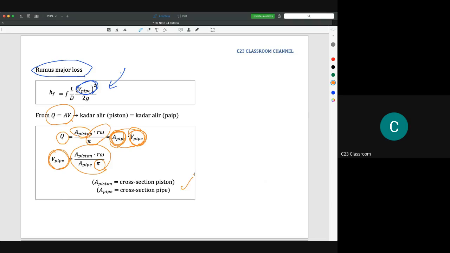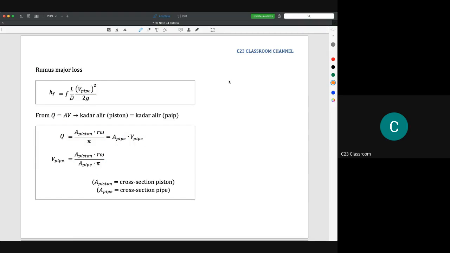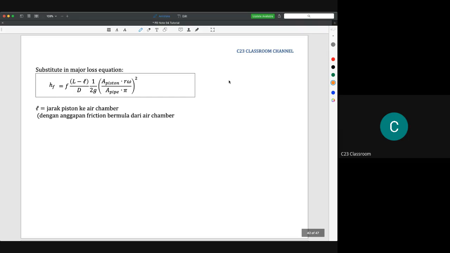Okay, so this is to simplify our equation for the calculation later on. Then we could conclude that the major loss in pipe in this situation can be calculated by using this idea. The value of L minus L here is actually for us to get the distance after the air chamber to the outlet.